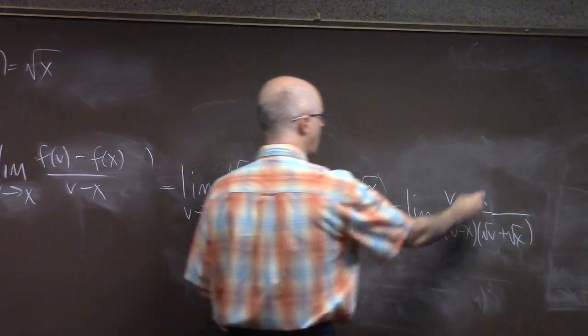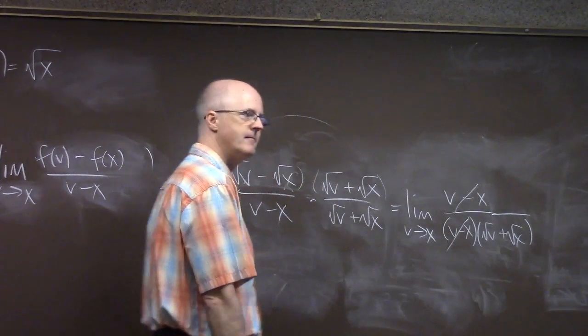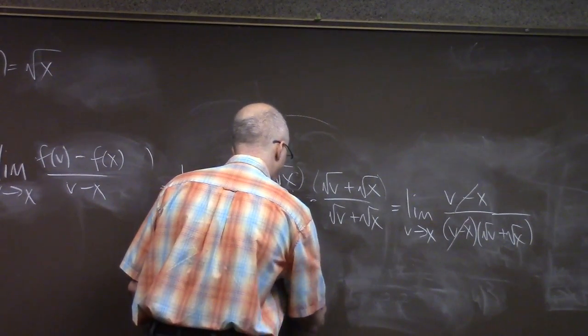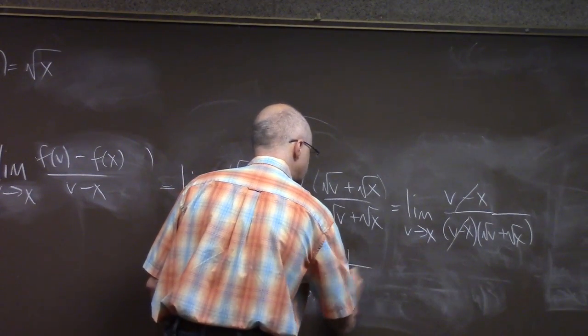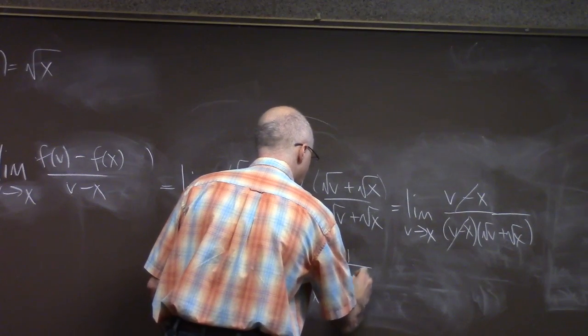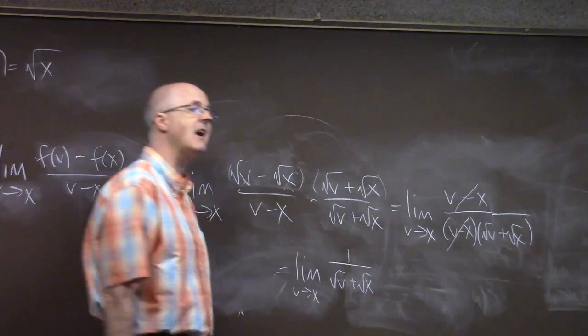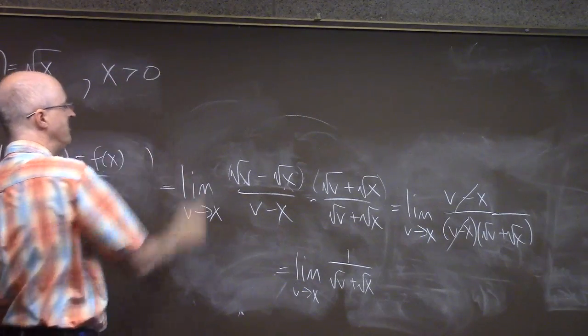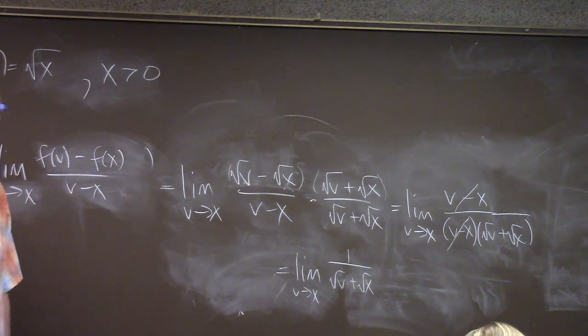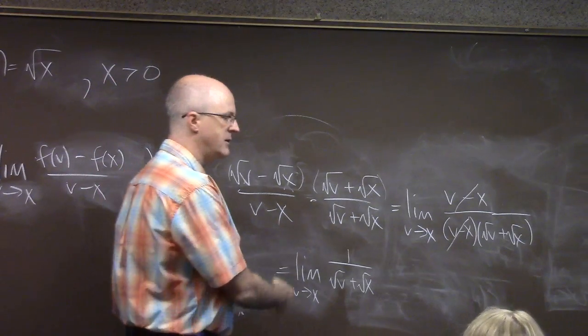And that'll now divide out with the b minus x in the bottom. And as long as x is non-zero, x has to be positive here, then you can evaluate this limit.